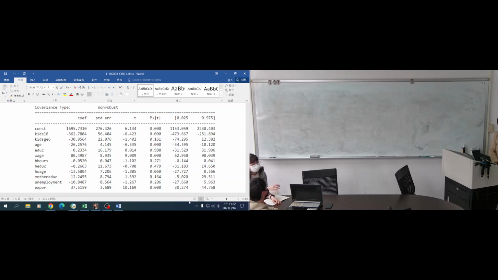This one. But the sign is better, right? Then, did you put the MTR in? Oh, yes. That's more negative. Oh, it's become negative.